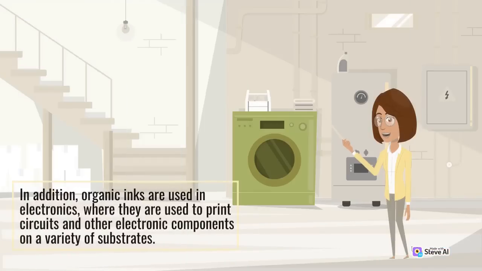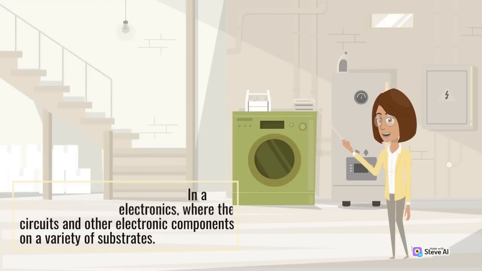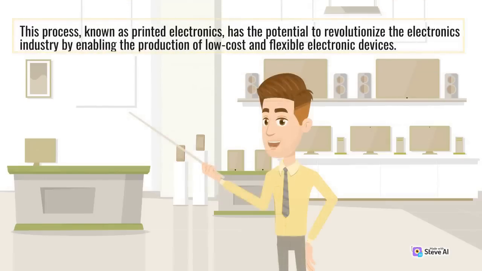In addition, organic inks are used in electronics, where they are used to print circuits and other electronic components on a variety of substrates. This process, known as printed electronics, has the potential to revolutionize the electronics industry by enabling the production of low-cost and flexible electronic devices.